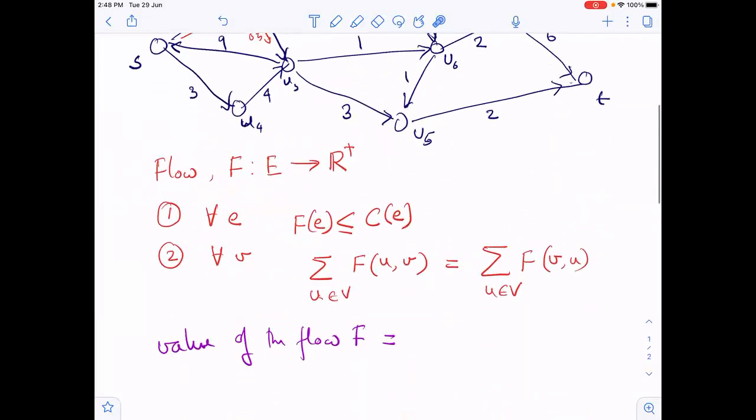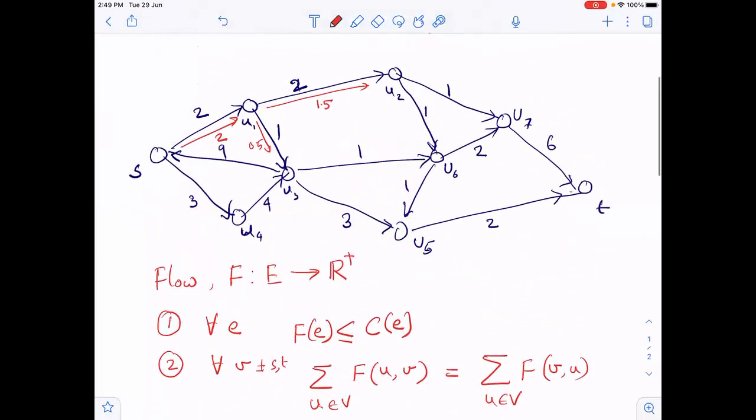Oh, sorry, I made a big mistake over here. When I was saying for all vertices not equal to S and T, S and T are the only two places where I am not forced to ensure that what is coming in is the same as going out. You can think of it as a massive tap over here that you can keep on pushing from, and from here there is a big drainage that goes out.